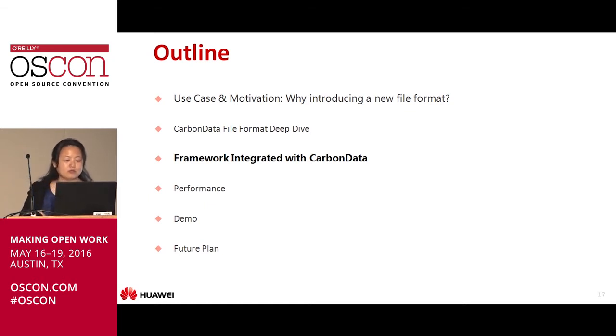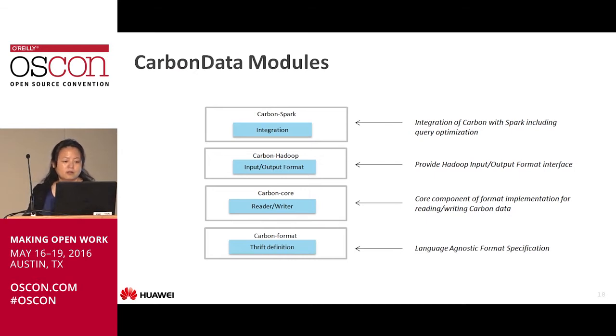Now let's move on to talk about the frameworks we have integrated with CarbonData. So to give you an overview of how the modules are organized. At the very bottom, you can see we have the Carbon format. This is a format specification, which is a language-agnostic definition.